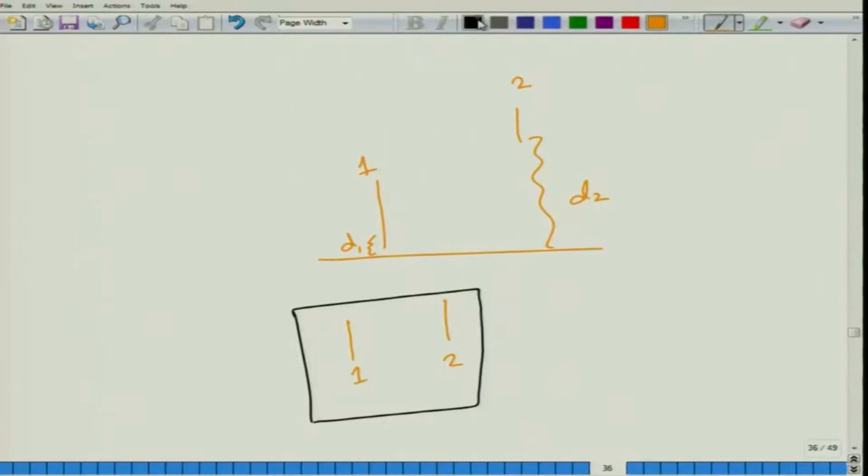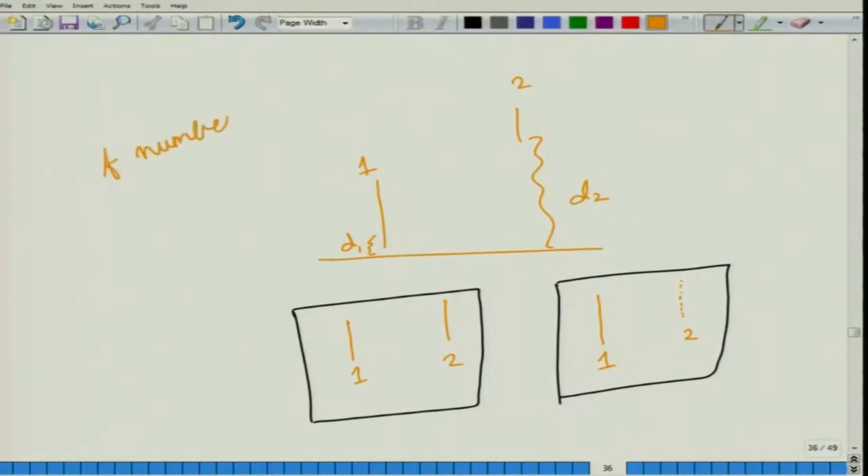On the other hand, we could also have a situation in which in the photograph your object 1 looks very much in focus, but object 2 is out of focus. Now, this thing is determined by the f number of the lens. So, what do we mean by f number?